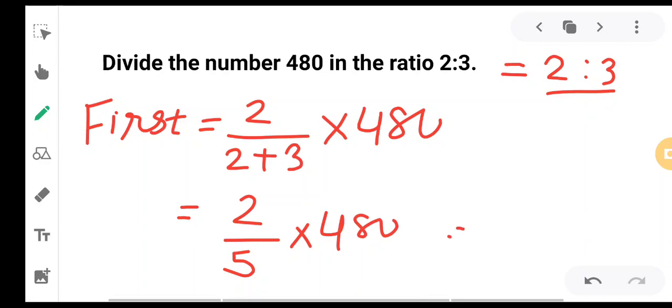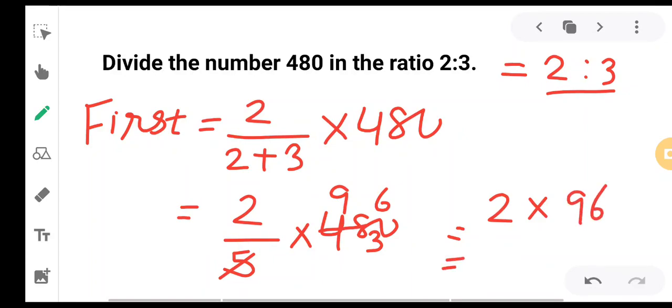First we divide 480 by 5, which gives 96. So 2 multiplied by 96 is 192.